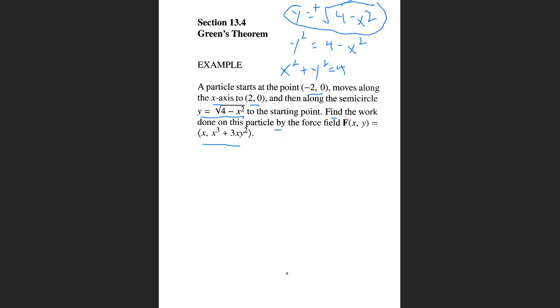The section 13.3 approach would try to see if the vector field is conservative, and if it is, use the fundamental theorem of line integrals. But I know section 13.4 using Green's theorem, and I can use Green's theorem because I happen to have a closed path here. I could just apply that theorem quite nicely.